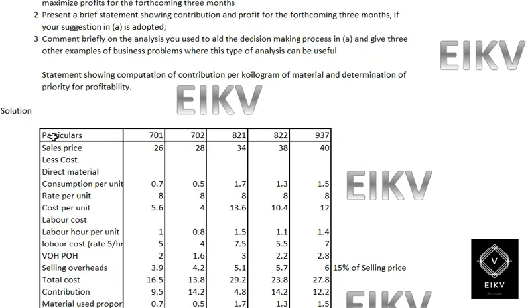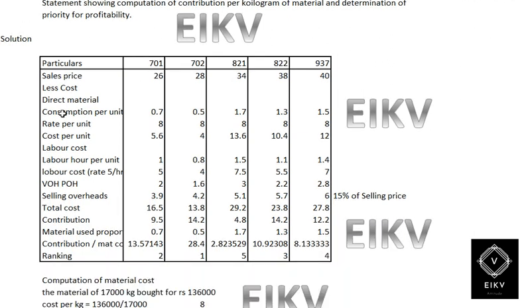profitability. So going ahead with the solution, first of all, we know there has been 6 columns: particulars and the name of the product 701, 702, 821, 822, and 837. Selling price 26, 28, 34, 38, and 40.